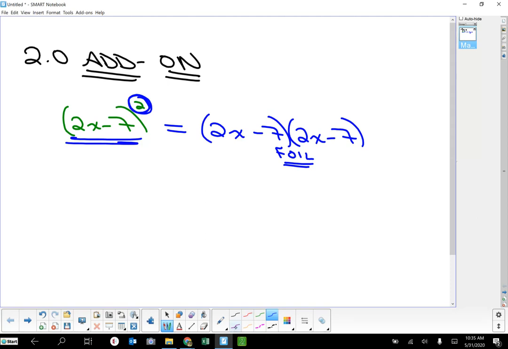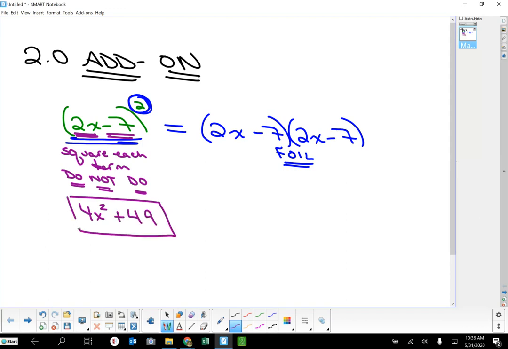Here's why. If you were to just square each term, and this is what you do not want to do, I just want to show you why they're not equivalent. 2x times 2x is 4x squared. Negative 7 times negative 7 is a positive 49, and that would be your answer, right?